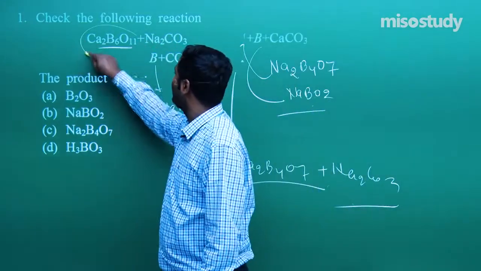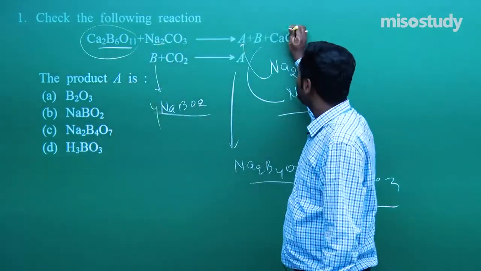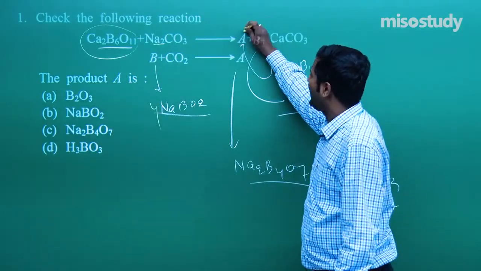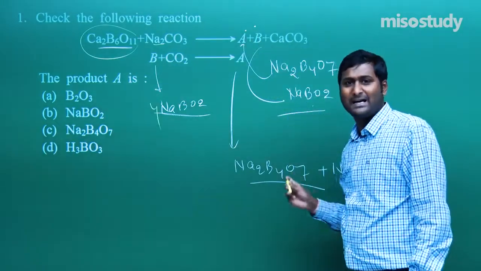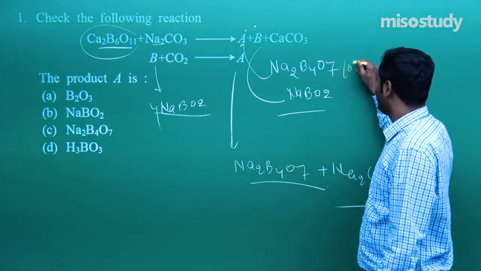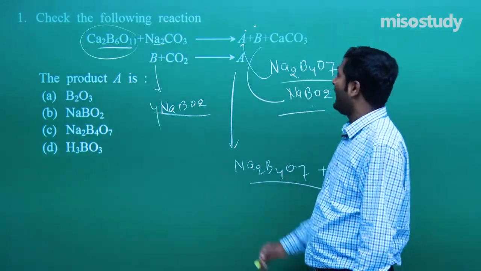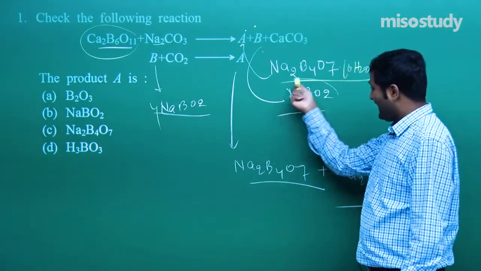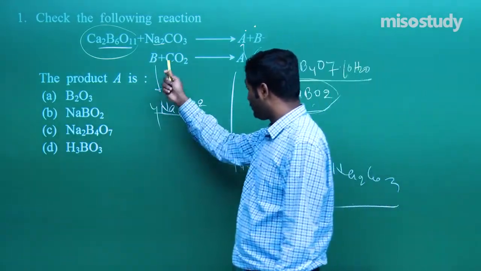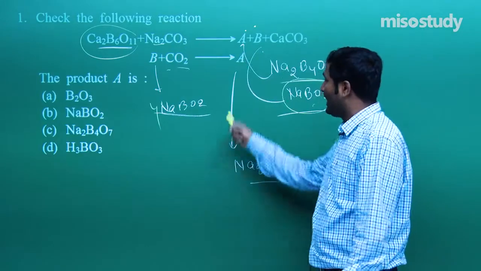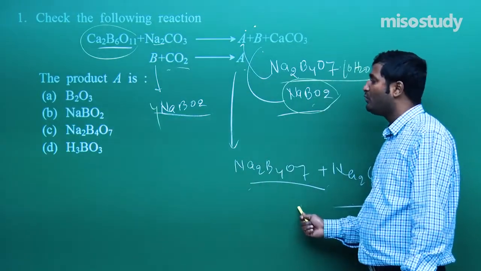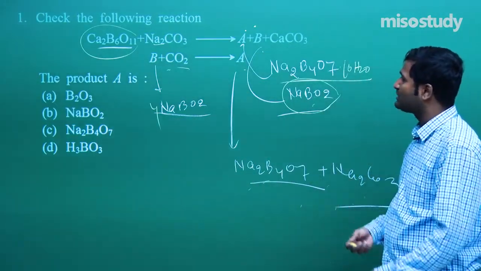First of all, colemanite when treated with Na2CO3 gives you Na2B4O7 anhydrous, and this is the complete formula of borax, Na2B4O7 into 10H2O. And the next one is NaBO2. Again, how to check this NaBO2 when treated with CO2? It again gives Na2B4O7 and Na2CO3.